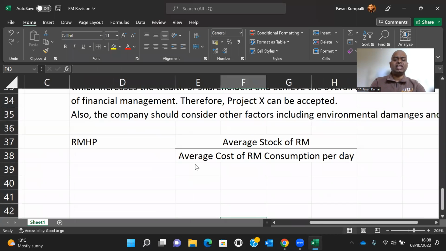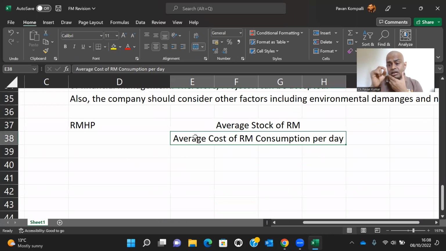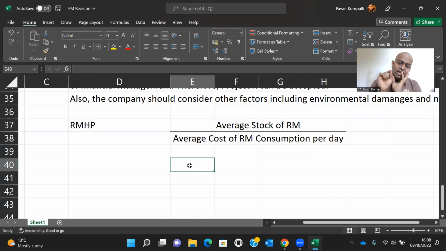Okay, now let us simplify this. The denominator, first let us remove this average. Okay, don't consider average here. Can I say the denominator is raw material consumption per day? So can I say it is nothing but annual consumption of raw materials divided by 365?